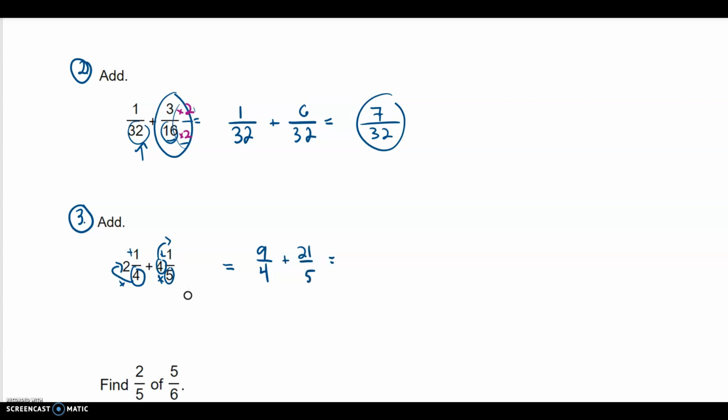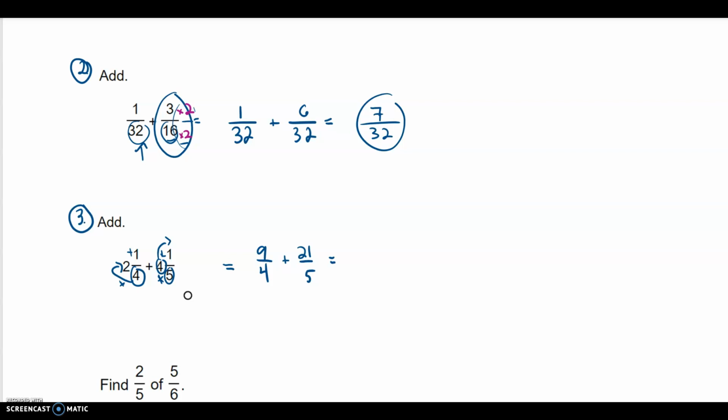Okay, and now we're on to the same step as the second question, but 4 doesn't go into 5, right? So in this case, the LCD doesn't show up like it did here. It was given, but we have to figure out what it is.